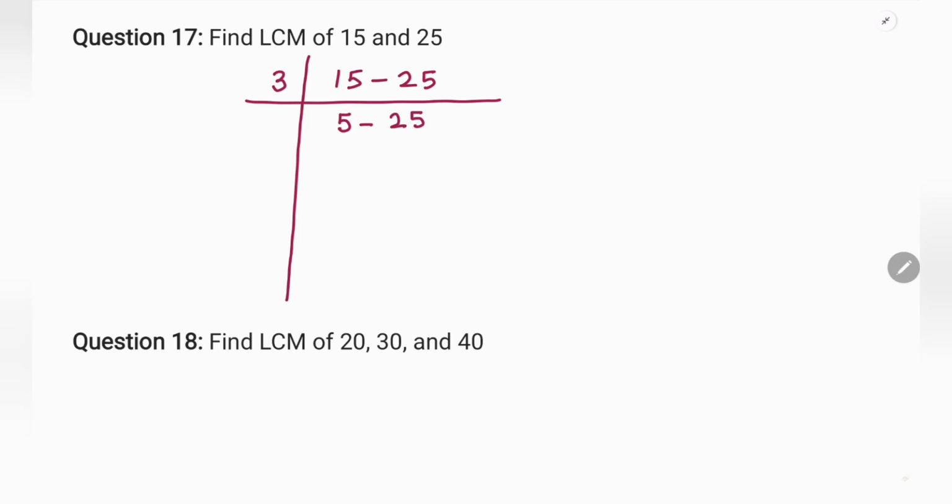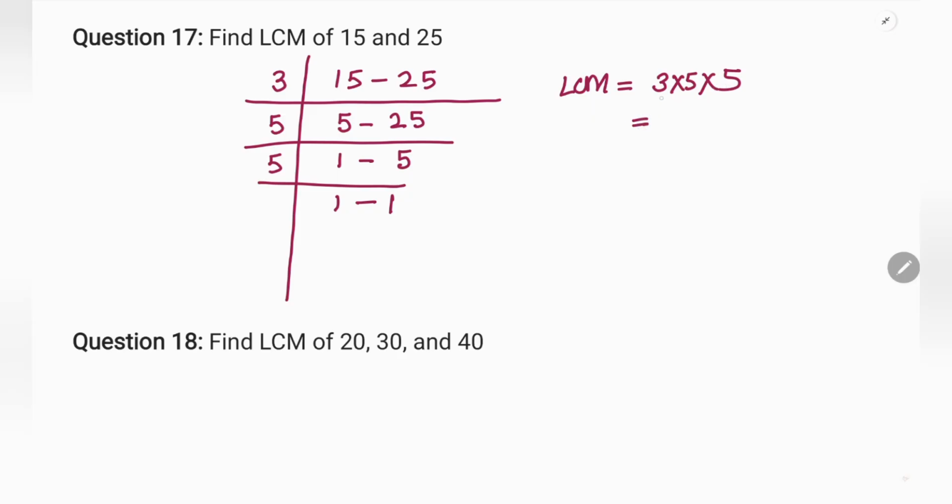Now 5 divides both of them. So 5 times 1, and then 5 times 5 is 25. Right. Now again with 5, 1 and 1. So we got LCM as 3 times 5 times 5. What is 3 times 5? 15. 15 times 5 is 75. And this is our answer, right?